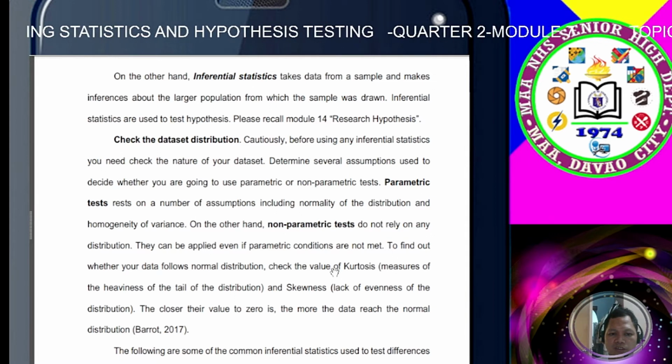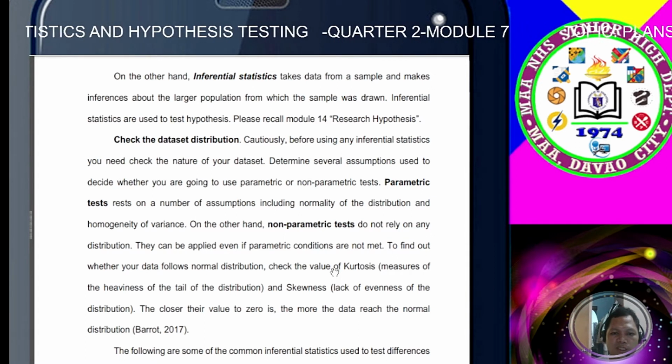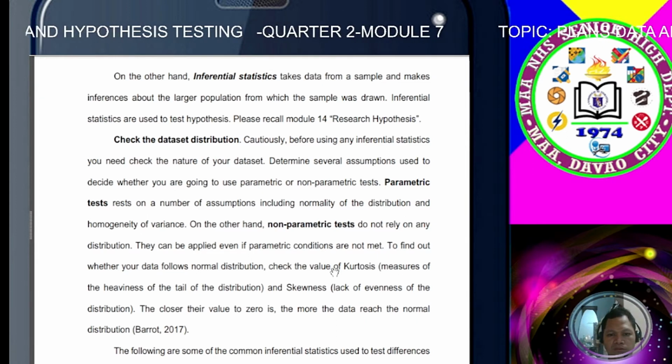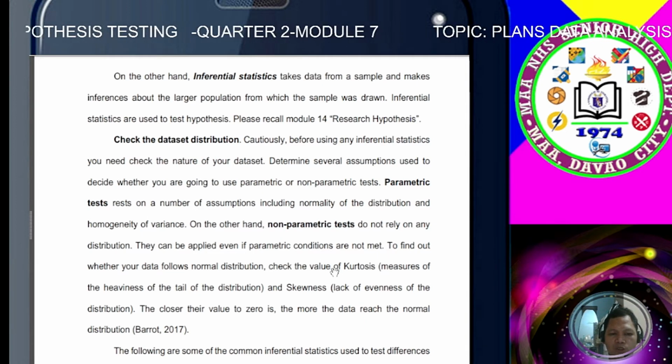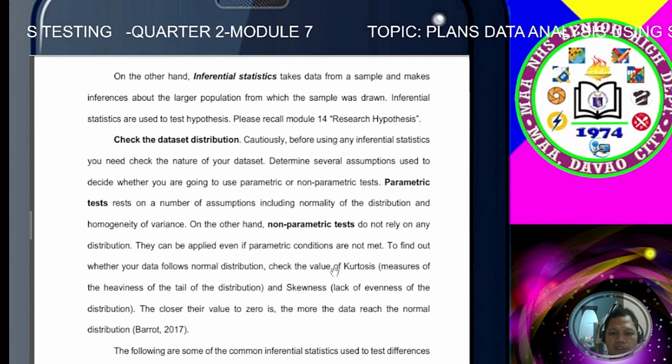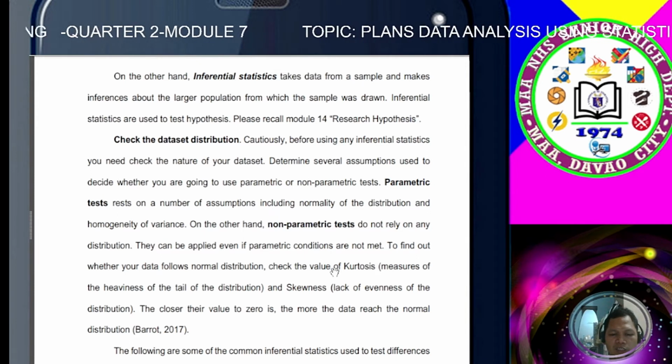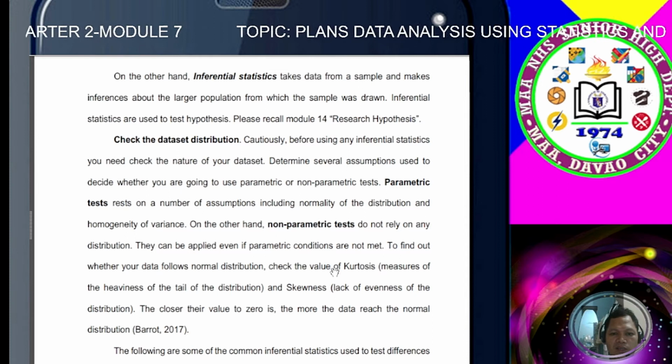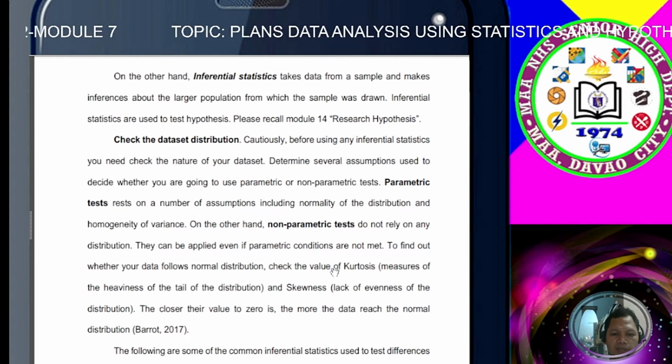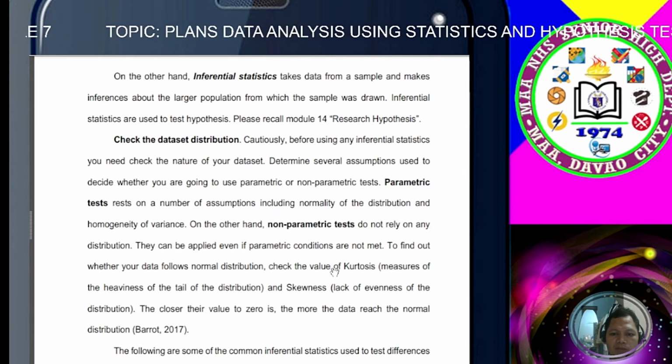Parametric tests rest on a number of assumptions including normality of the distribution and homogeneity of the variance. On the other hand, non-parametric tests do not rely on any distribution. They can be applied even if parametric conditions are not met.